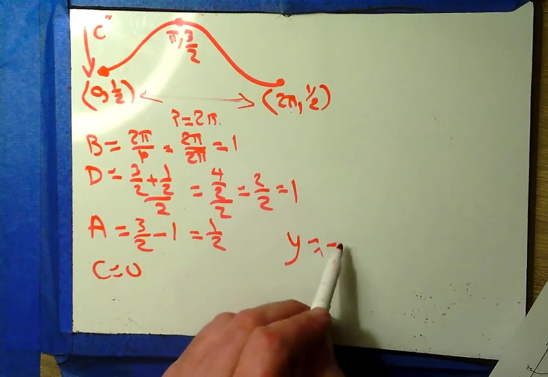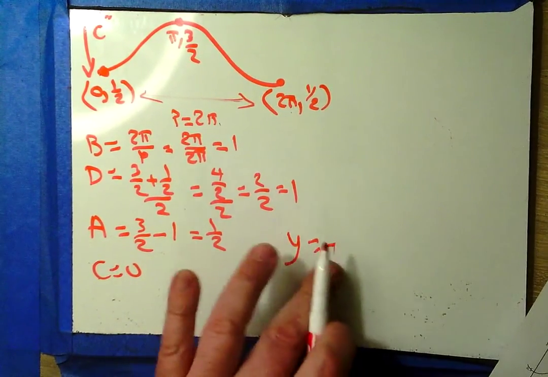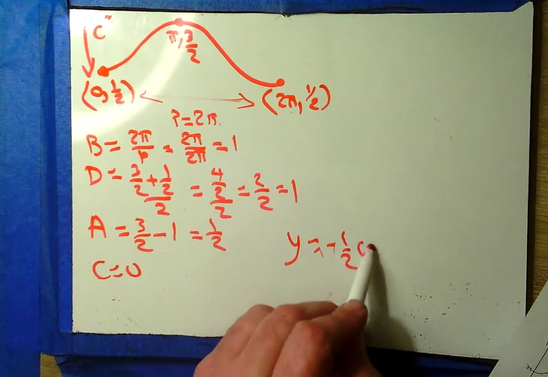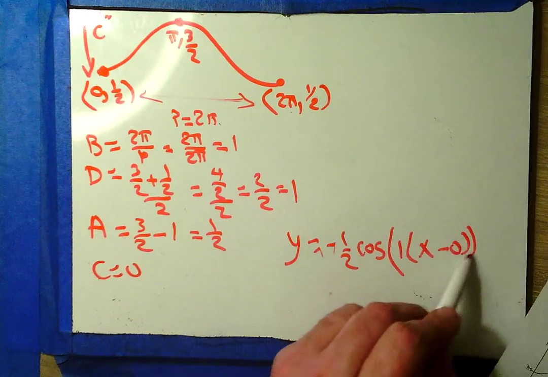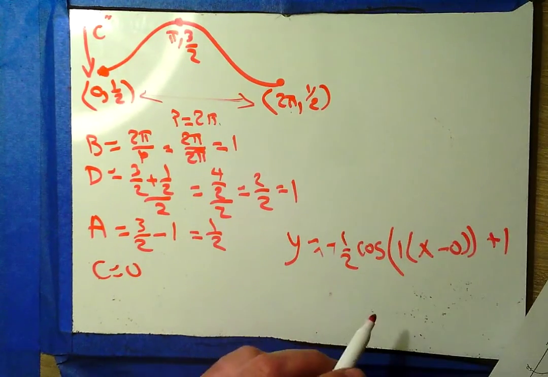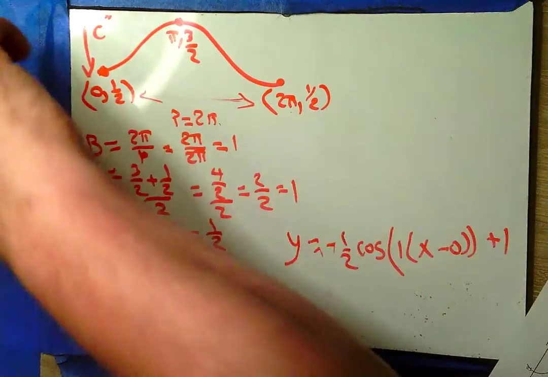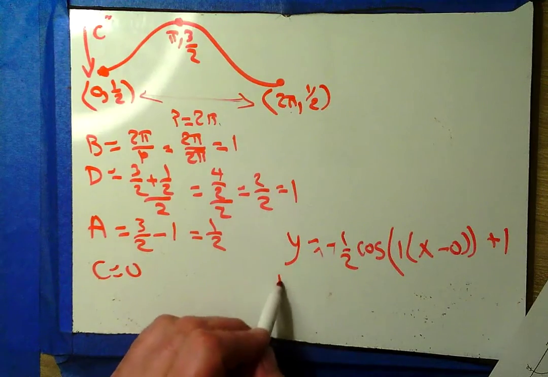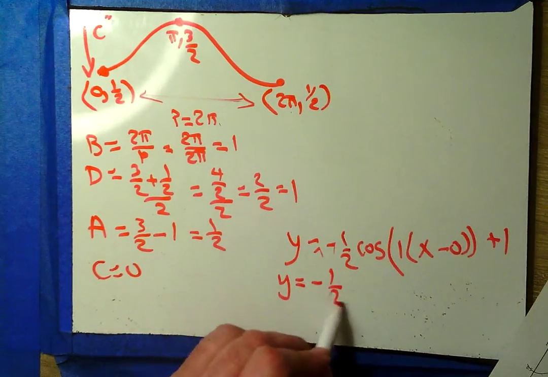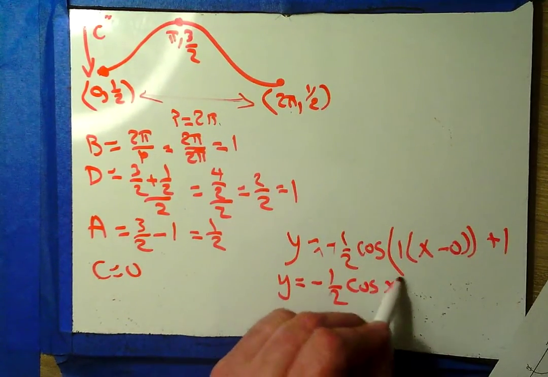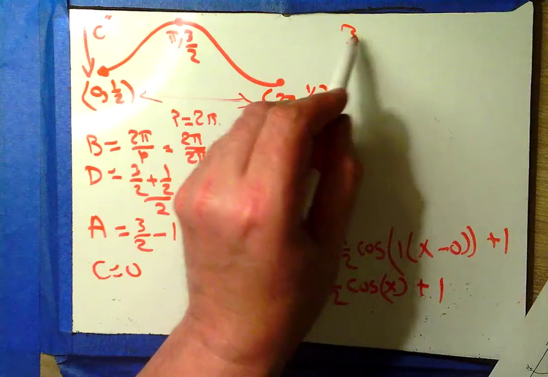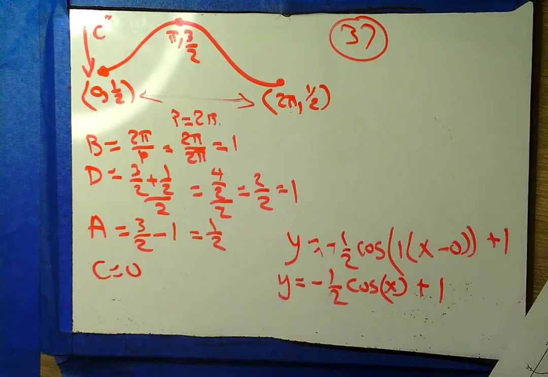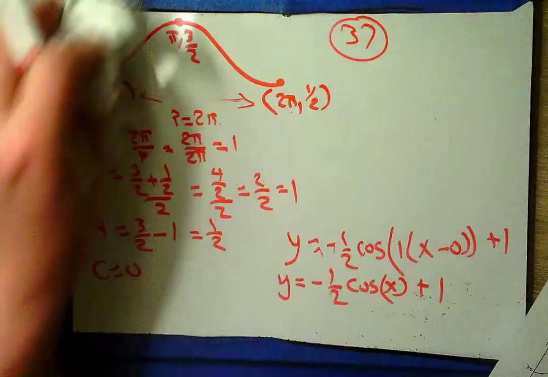This needs to be negative 1/2 cosine 1 times x minus 0 plus 1. And you could certainly tidy that up to be y equals negative 1/2 cosine x plus 1. Okay, there's 37. Let's take a look at 38.